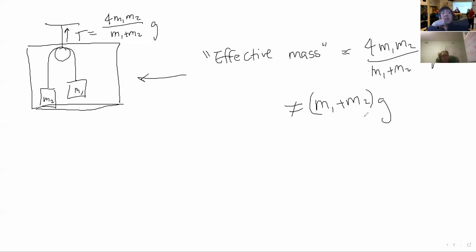Which is why it's not the actual mass, because the actual mass is just m1 plus m2. But when you put it in this pulley system, it actually changes the effective mass of the system. So any questions on that?